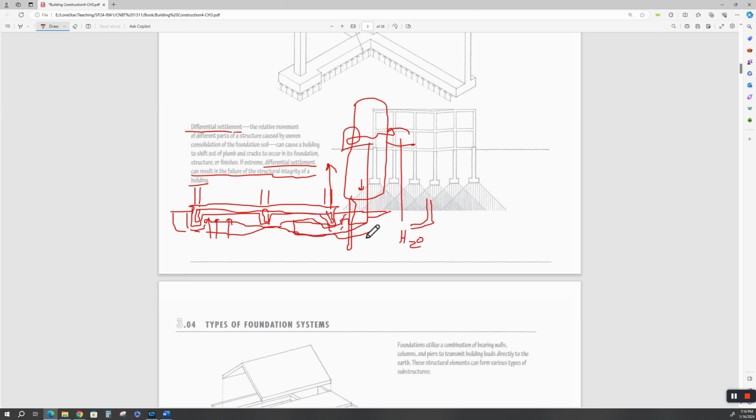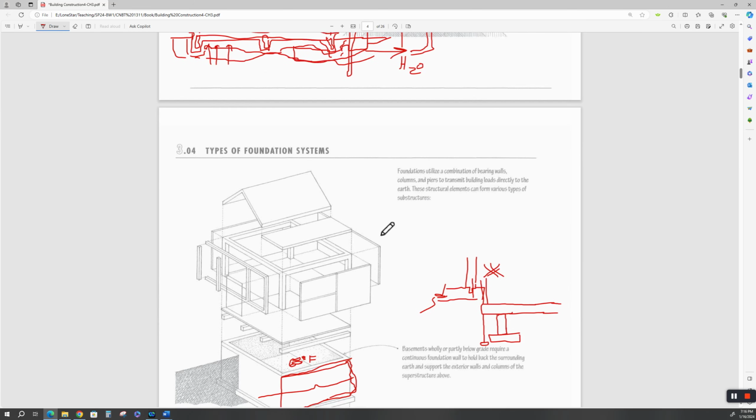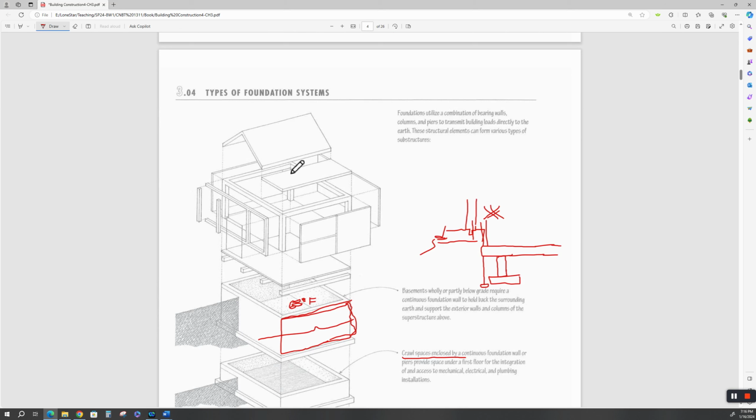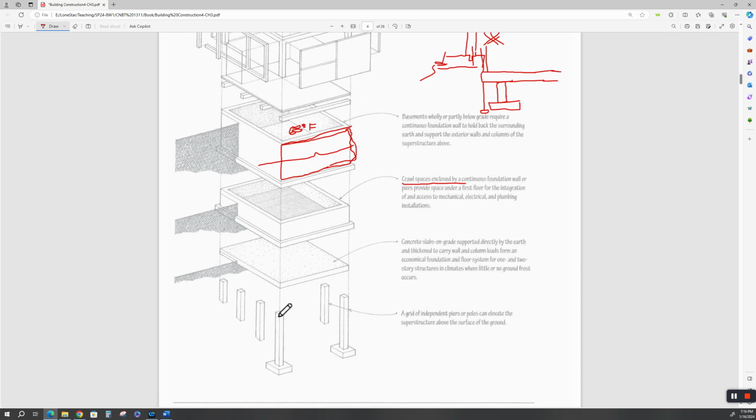So those roots will go to the water and away from your slab. Not everything's that simple.